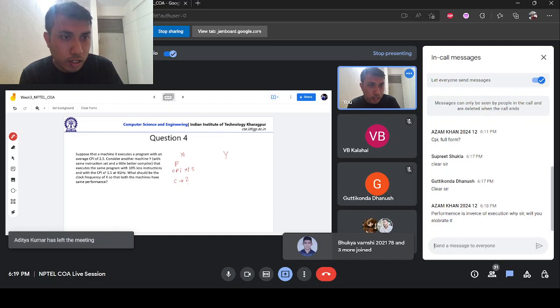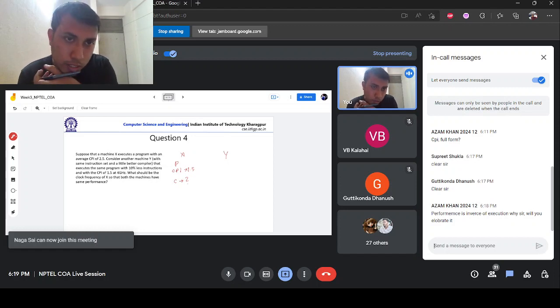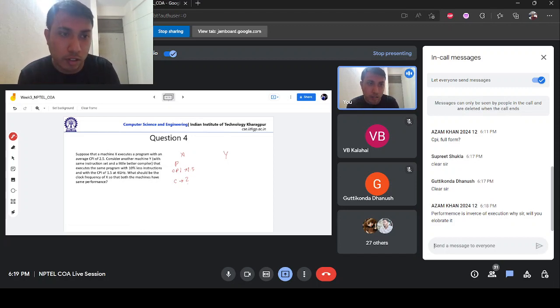Performance is inverse of execution time. It is the fundamental, like performance will be the inverse of execution time. So suppose a program on machine X takes 8 seconds and the same program on machine Y takes 10 seconds.